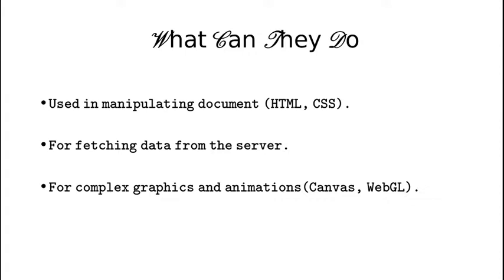So the next thing is, what can they do for you? APIs are used in manipulating documents, which are basically your HTML and CSS. So it helps you to manipulate your documents in different ways and help you to do some complex work instead of you having to write all that code from scratch. APIs also help you to fetch data from the server.